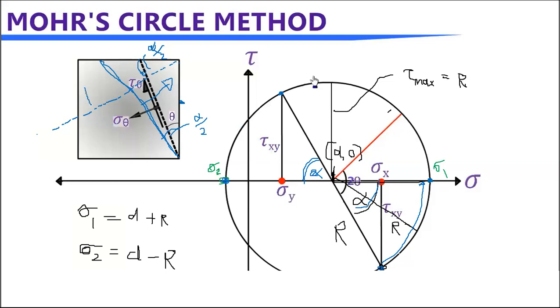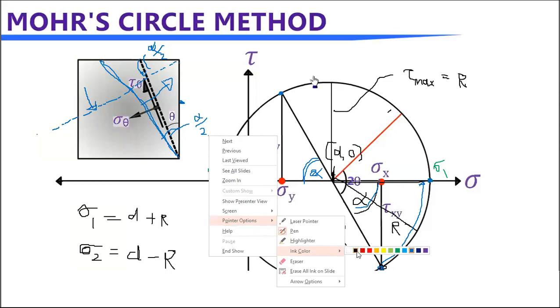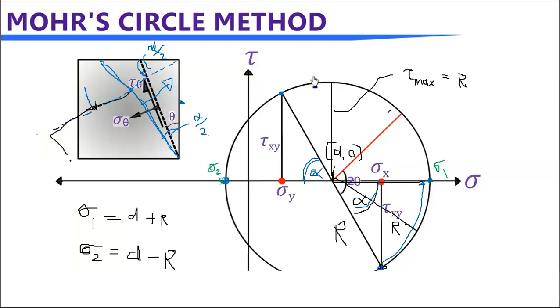So now it's a compression. So actually you have to rotate this element like this by how much? Alpha by 2, right? You rotate in the same axis, so it's like this, okay?